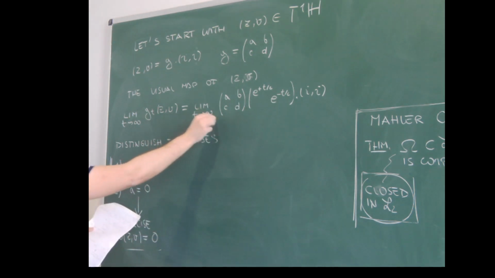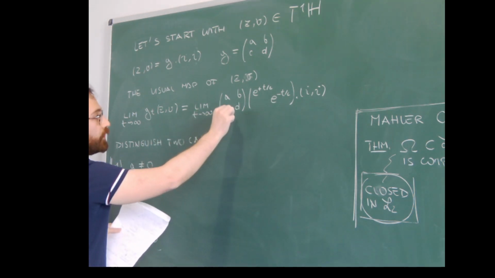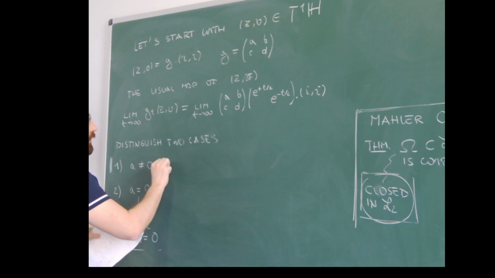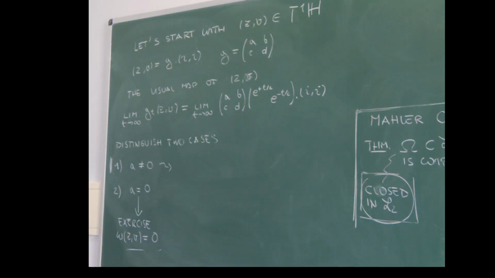Okay, so let's write this out. When your visual map is 0, the omega is the visual map, correct? Yes, so maybe I wrote it wrong. I made a mistake.